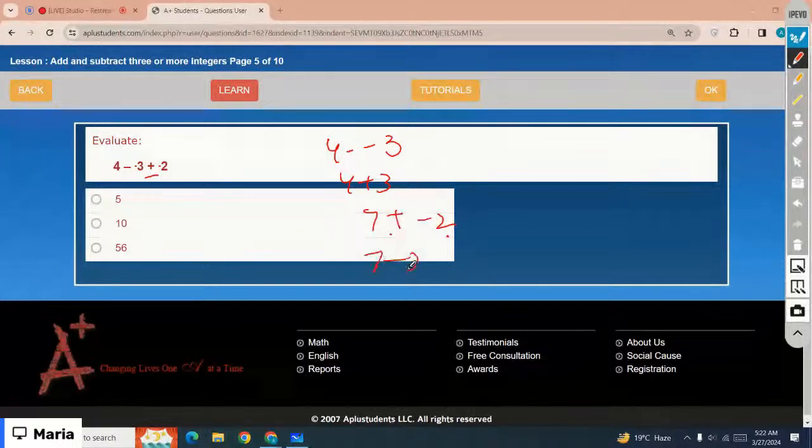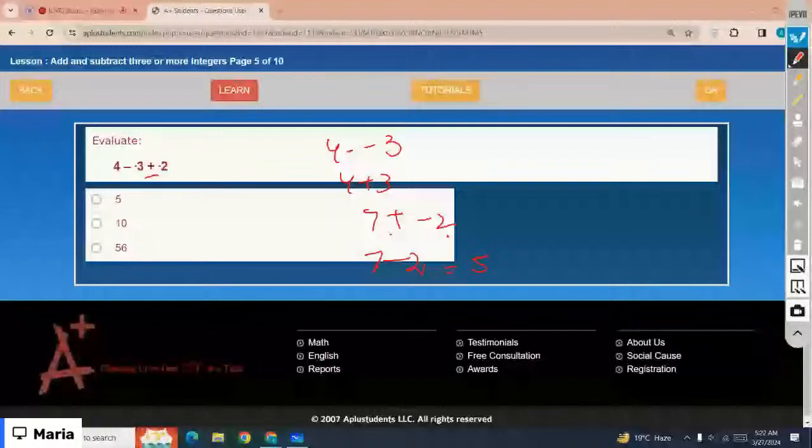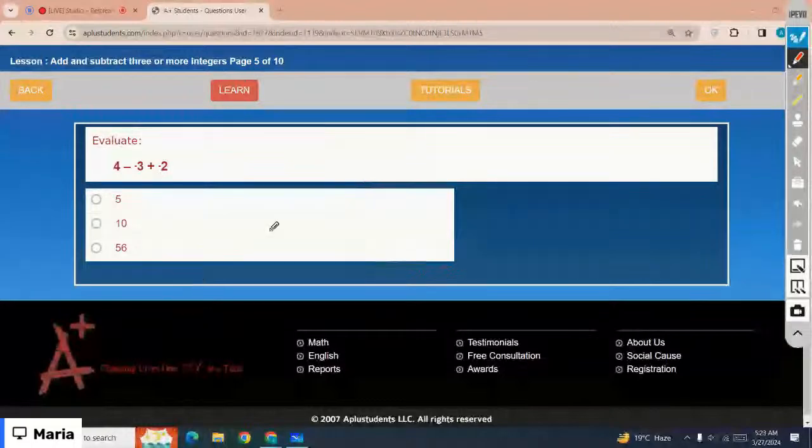You have to evaluate 7 minus 2, and 7 minus 2 equals 5. So the correct option is 5.